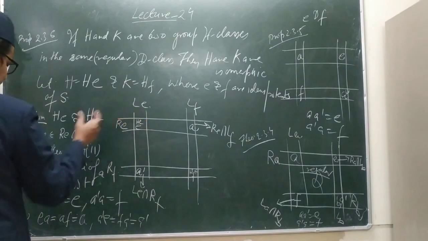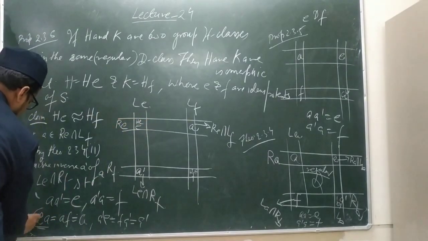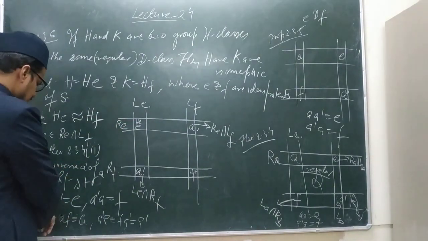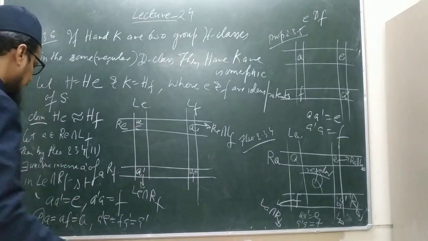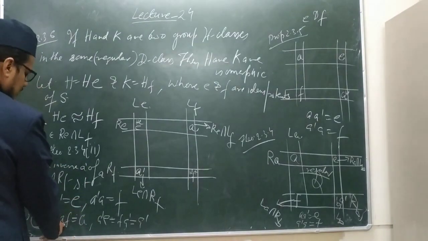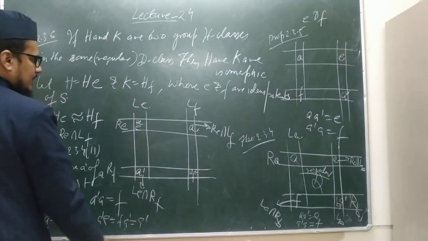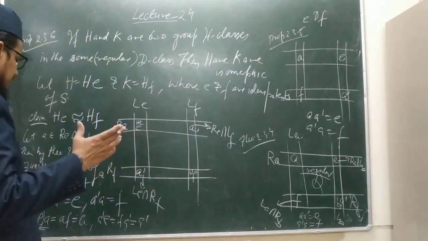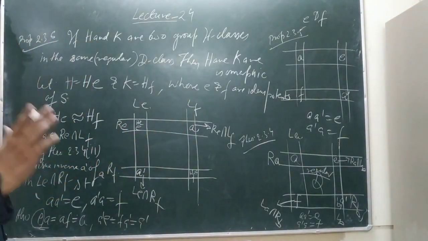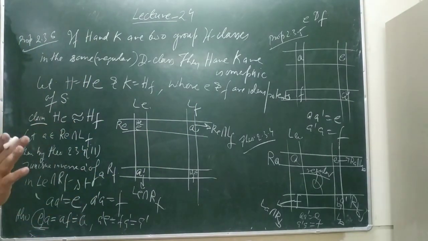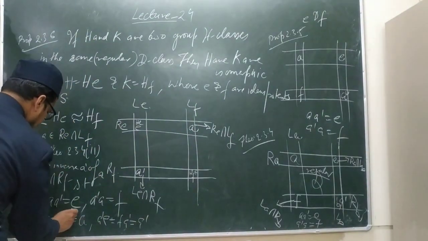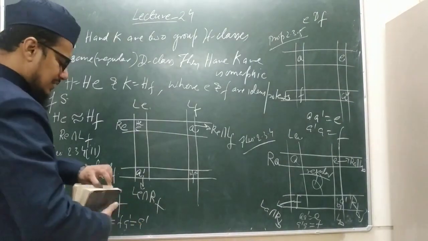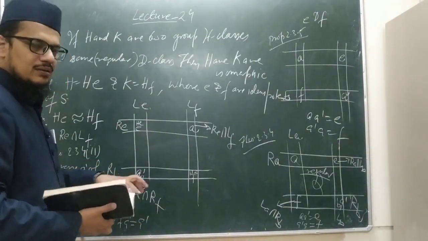When you operate E into A, this E will act as a left identity. So E into A will be A. Now you see, A is a member of LF also, and F being idempotent is a right identity. So A into F will be again A, isn't it? We use the lemma in which we have proved that.